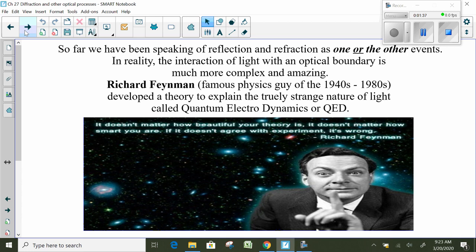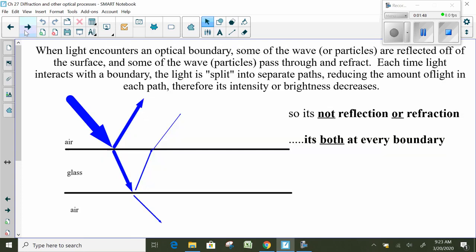As we talked about before, Richard Feynman was one of these cool guys who really wanted to look at what light really was doing. And one of the things we talked about previously was this idea that reflection and refraction are not mutually exclusive. Previously we said, hey, light, when it hits a boundary, will either reflect off that boundary or refract through that boundary.